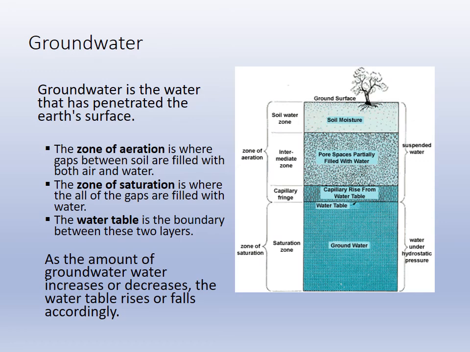Most of our water here in Florida, and billions of people worldwide, depend on groundwater. Aeration means that there's air and soil and water mixed. Saturation means there's no more air, it's just water and soil. And the water table is the zone where above it we have aeration, below it we have saturation.